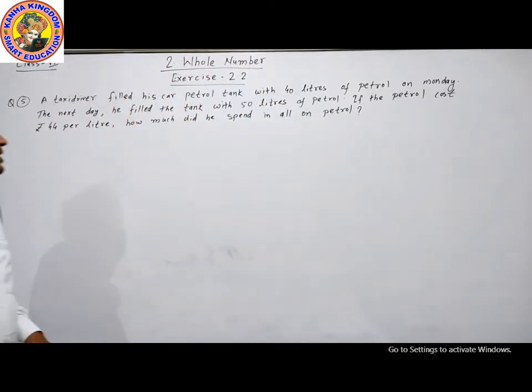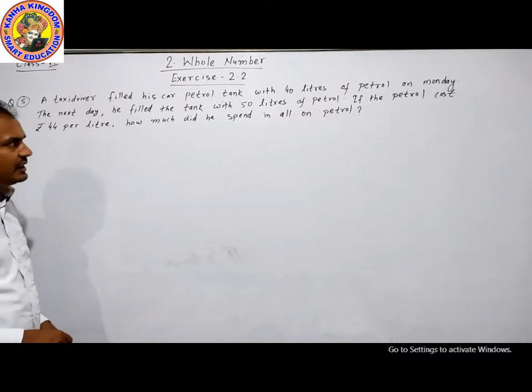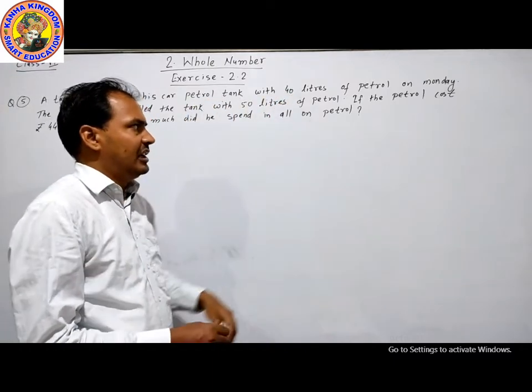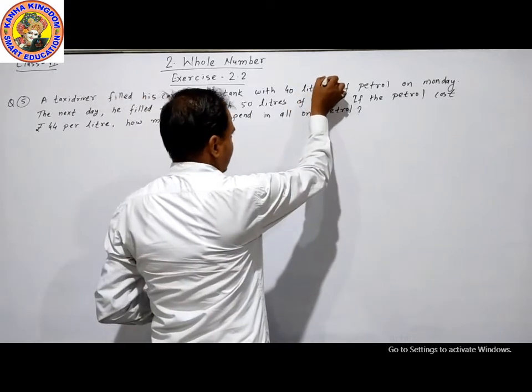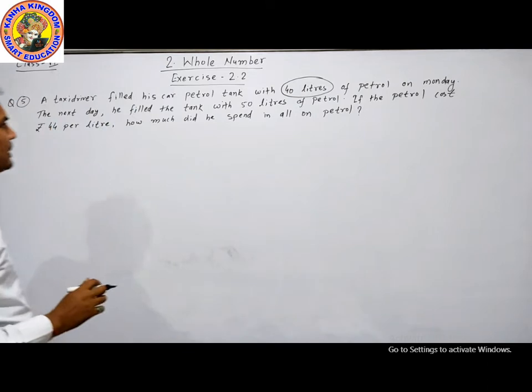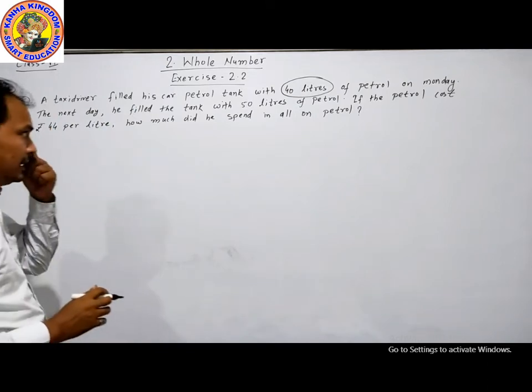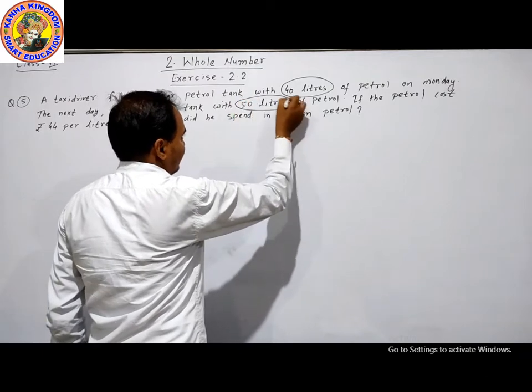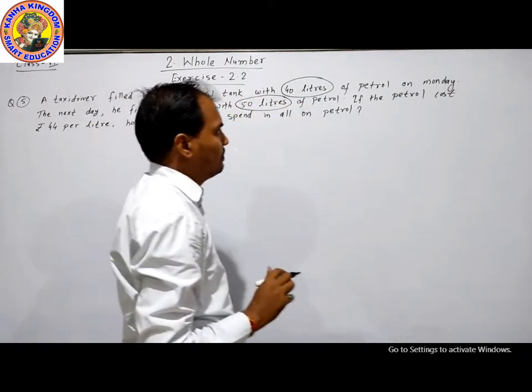Now our next question is question number 5. A taxi driver filled his car petrol tank with 40 liters of petrol on Monday. The next day he filled the tank with 50 liters of petrol.